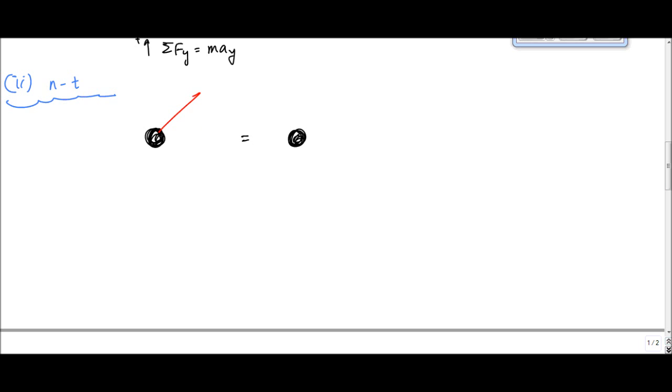I have, again, that sum of the forces, equal to ma, and the path that it was going on. The NT coordinate system was defined on the element, or the particle itself.